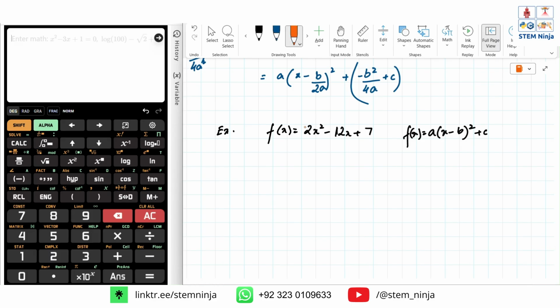We would do the same thing as before. We bracket these two terms, then take 2 out, making it x squared minus 6x plus 7.